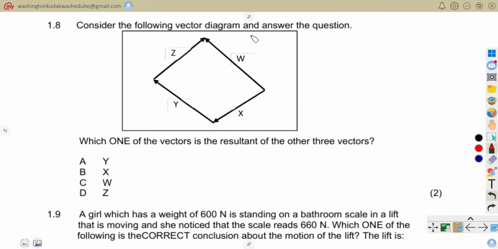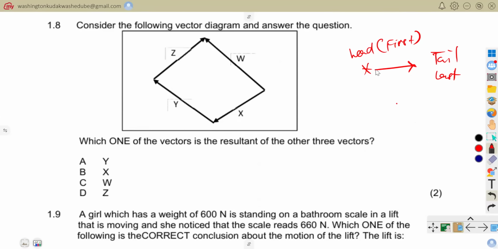Consider the following vector diagram and answer the question that follows. This is the vector diagram. Which one of the vectors is the resultant of the other three vectors? We say that the resultant starts from the head of the first, and it ends at the tail of the last.